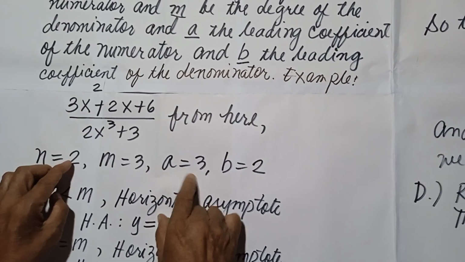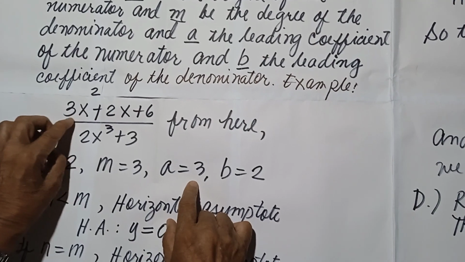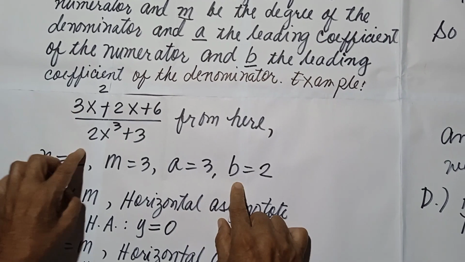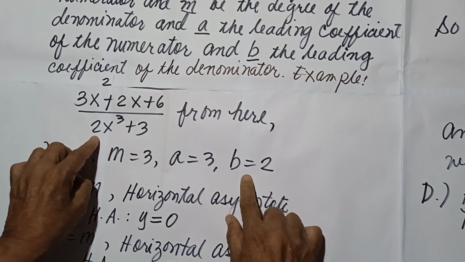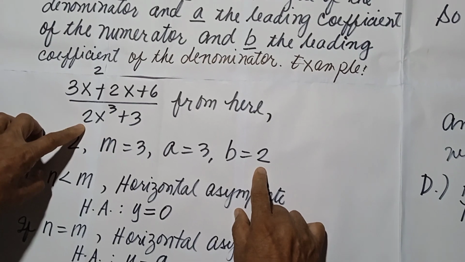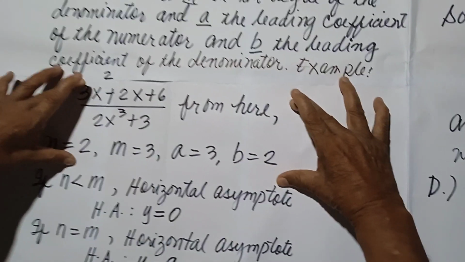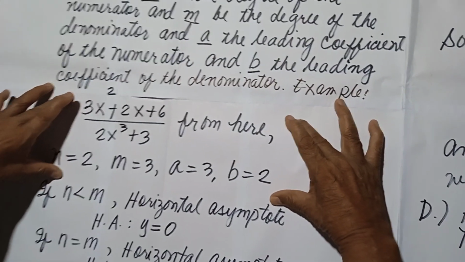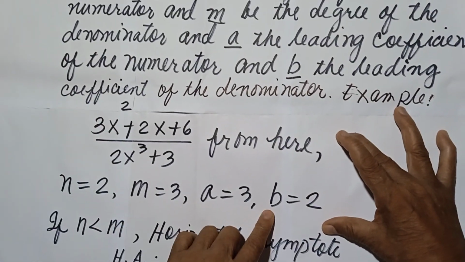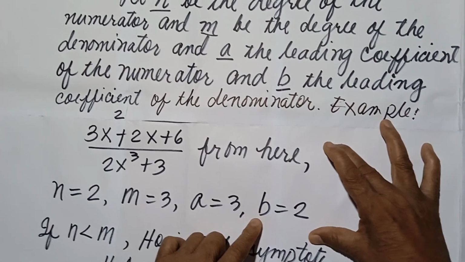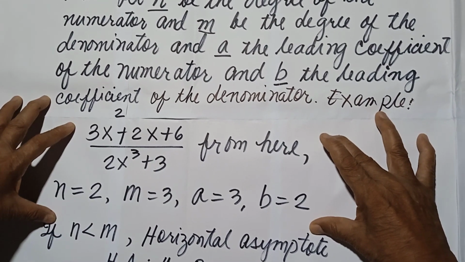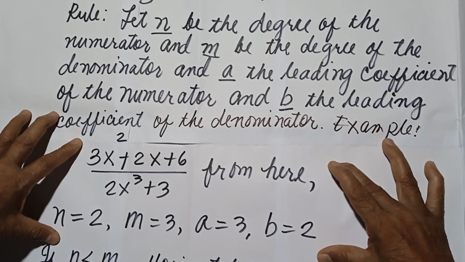And a, the leading coefficient of the numerator, is 3. And b, the leading coefficient of the denominator, is 2. This is just used for labeling n, m, a, and b. But this is not the function we are studying.